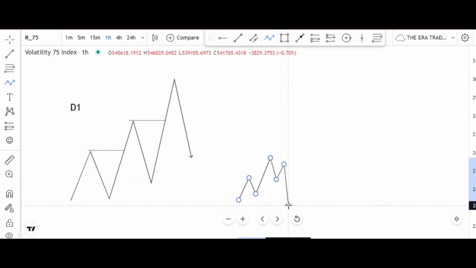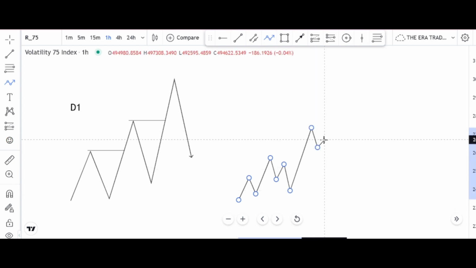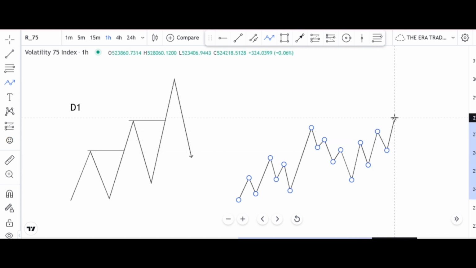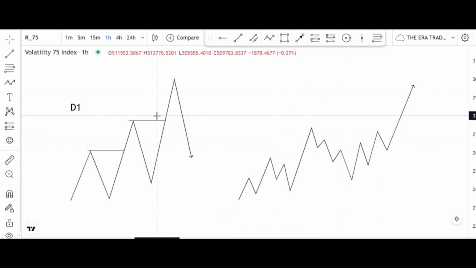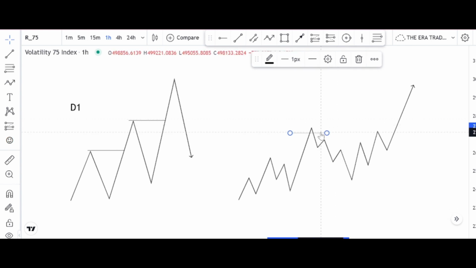Then you now see something like this into this one, then up again. Then retracement into this zone, and the market breaks and starts going up again. So the market will be making a series of the same thing, taking out highs.